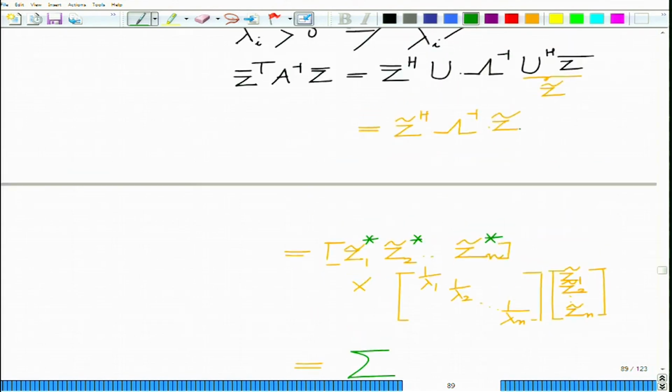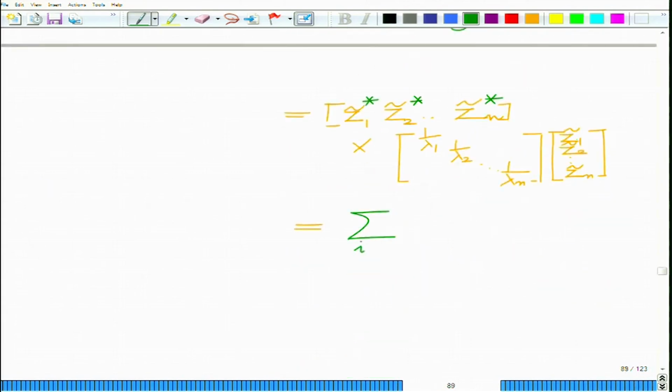Okay, so we are setting U Hermitian Z bar equal to Z tilde. So this will be the summation over i equals 1 to n of 1 over lambda i, Z tilde i conjugate into Z tilde i, that is magnitude Z tilde i square.